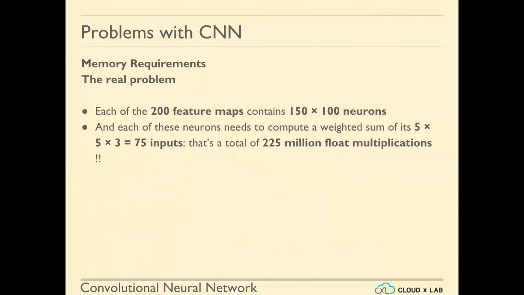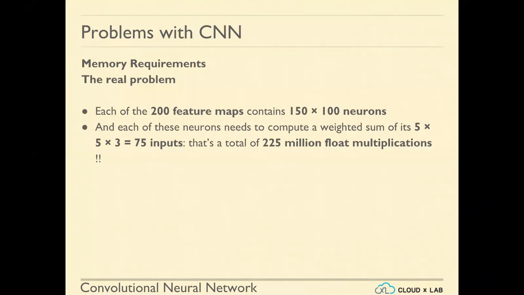Each of the 200 feature maps contains 150 by 100 neurons, and each of the neurons needs to compute the weighted sum of its inputs, that is 225 million float multiplications. While we are doing the computation, each of the neurons needs to compute a weighted sum of its 75 inputs, because the filter size is 5 by 5 on 3 layers.